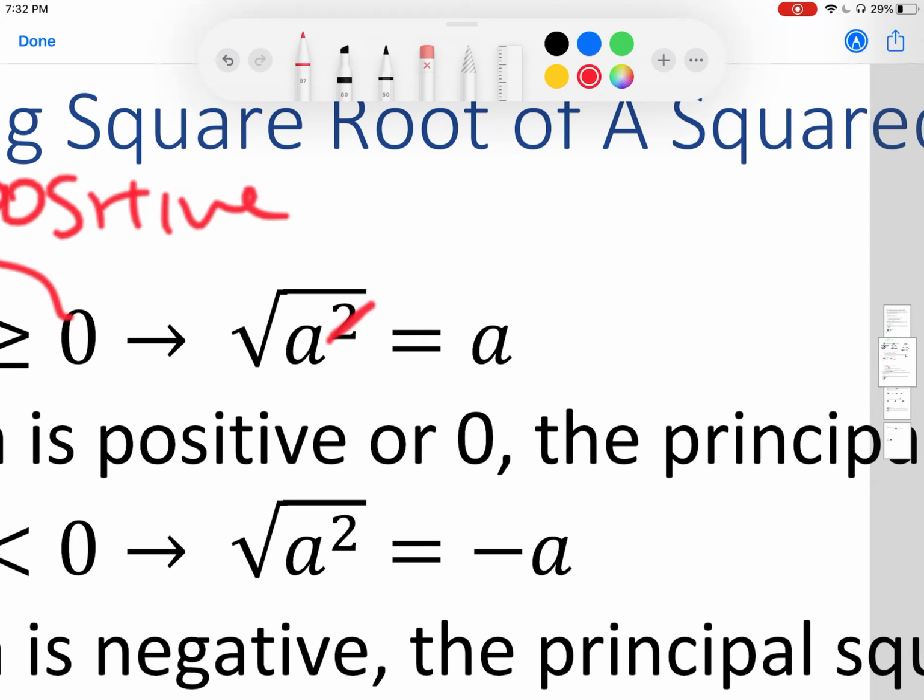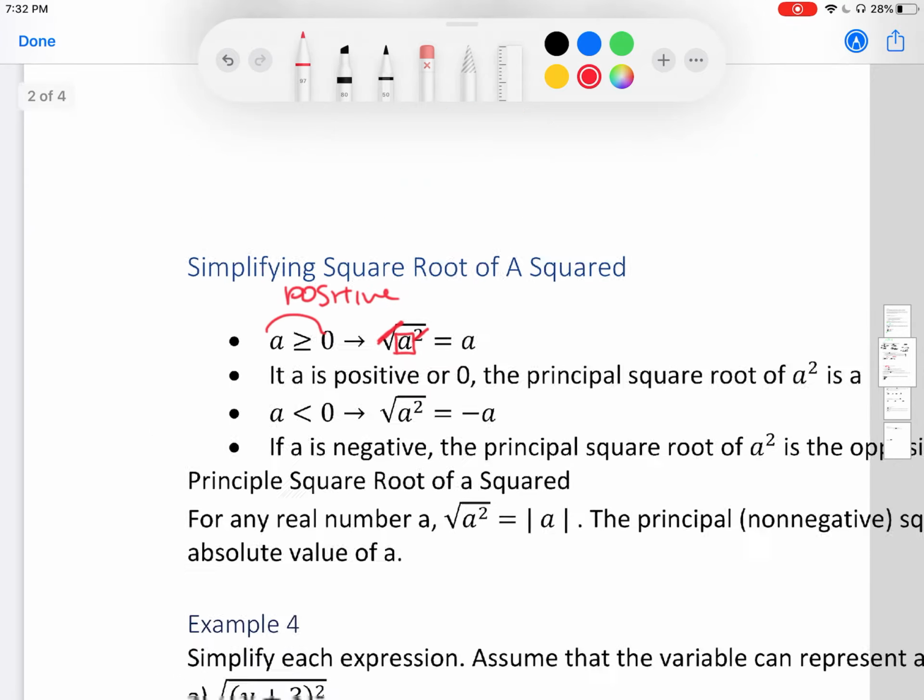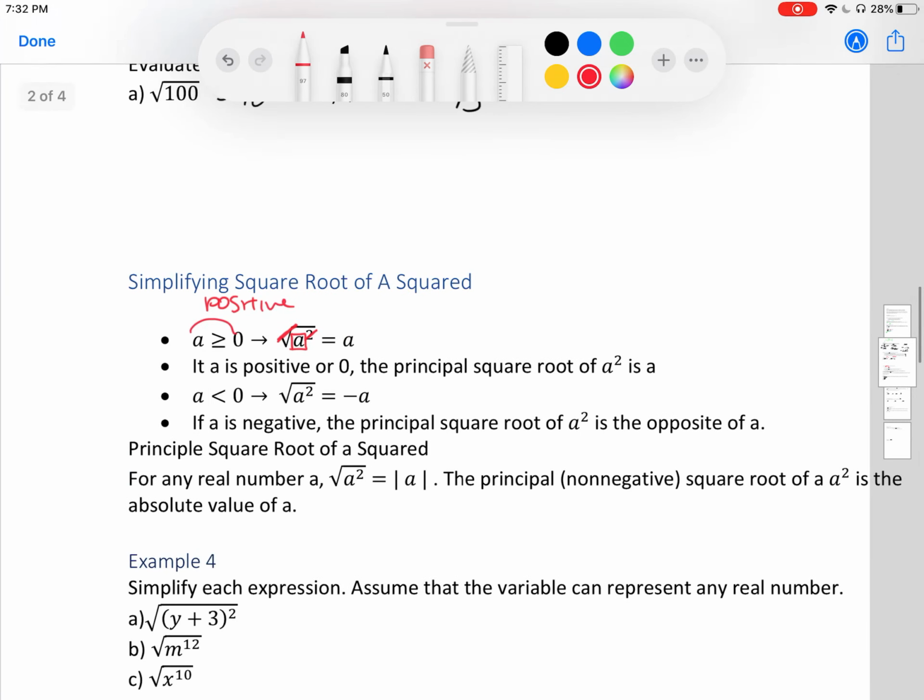The exponent of 2 and the square root are mathematical opposites, so that you're left with what's on the inside. In this case, the square root of a squared.